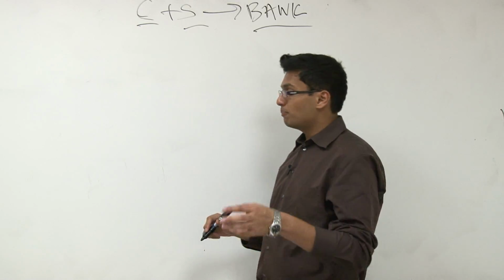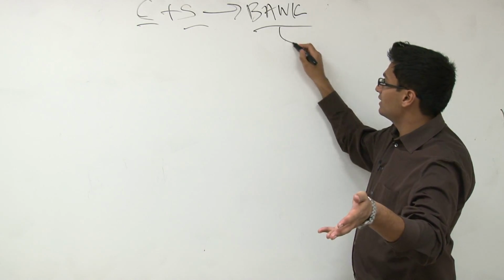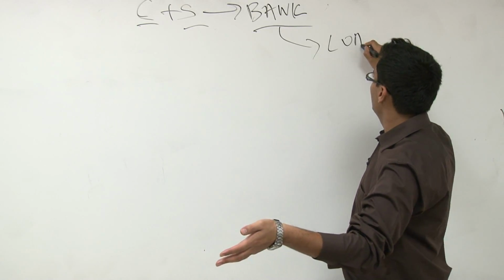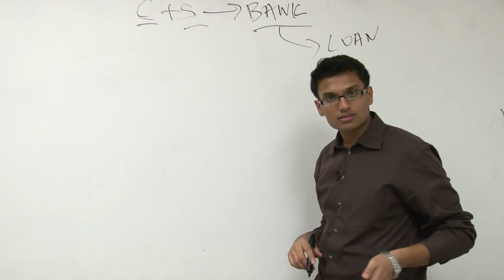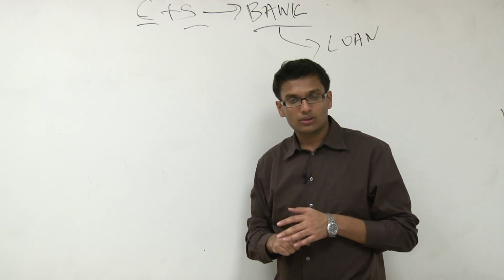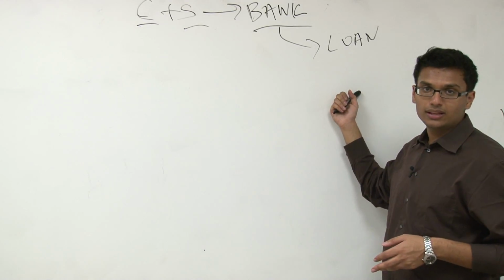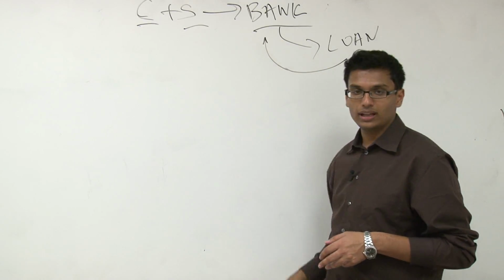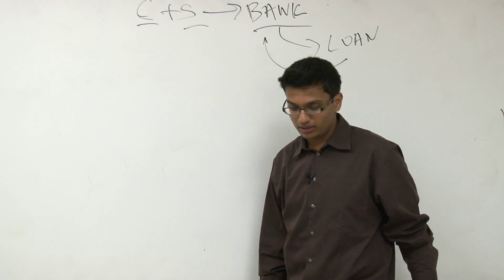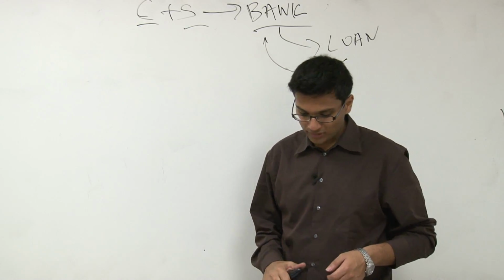What the bank does in turn is take that money and loan it out for houses and cars and whatnot, or school loans. They charge an interest rate and make their money back, and that's how banks make their money. They'll basically loan out your money.